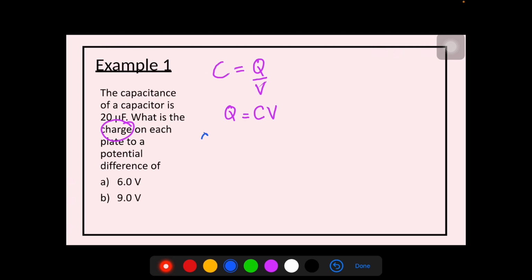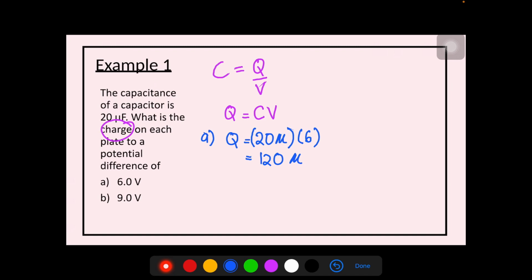So for A, V is 6 volt. So Q equals 20 microfarad. Okay, micro is to the power of negative 6. And our V is 6. So 20 times 6 equals 120 micro.